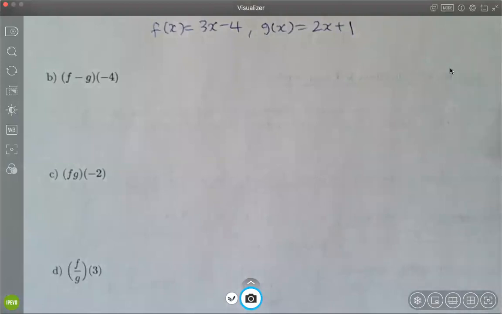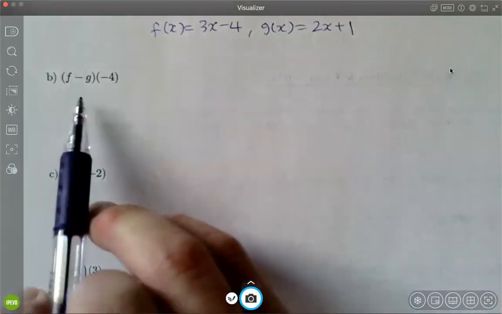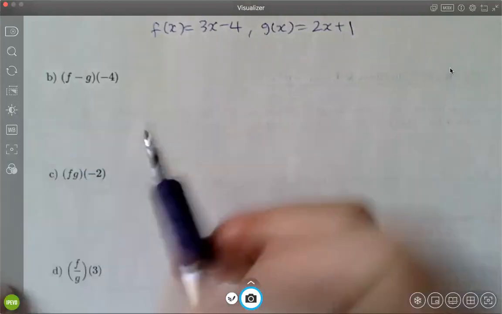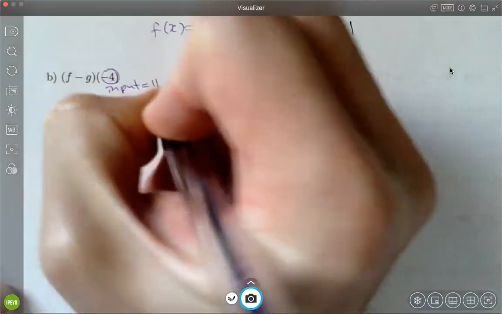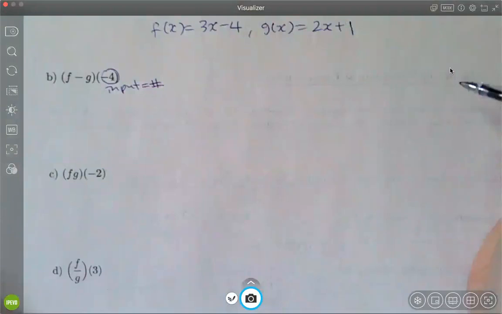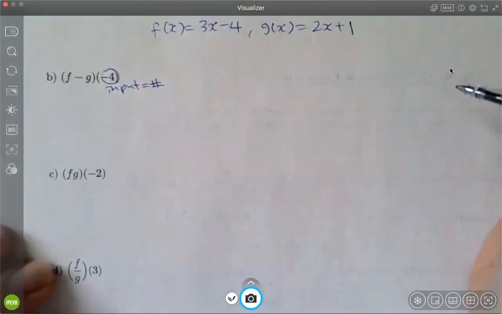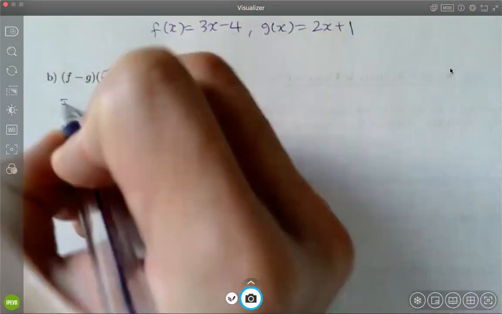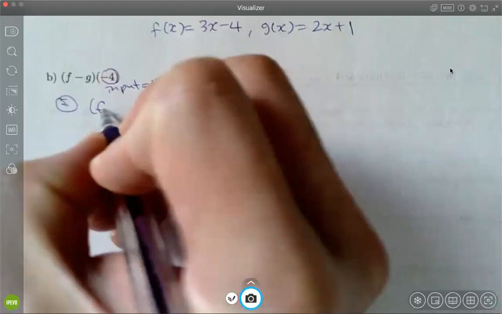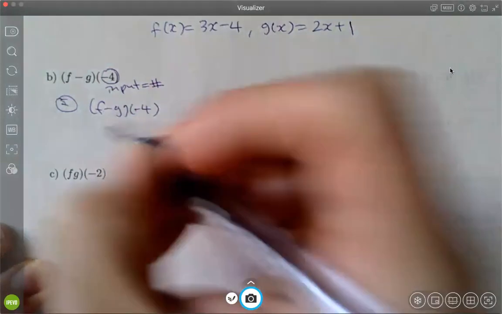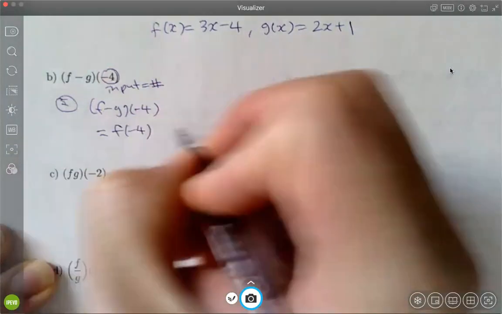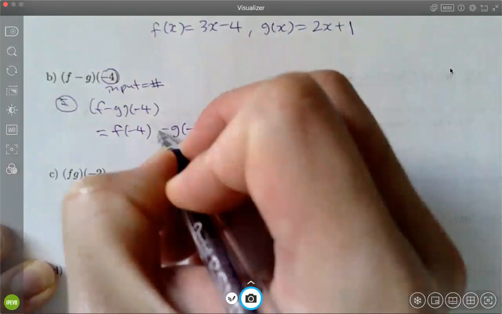So for f minus g of -4, once again the input is a number, so no need to find f minus g. By definition, f minus g of -4 means f of -4 minus g of -4.